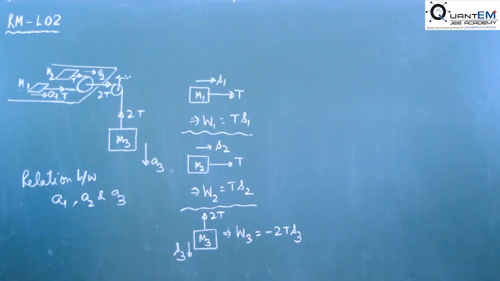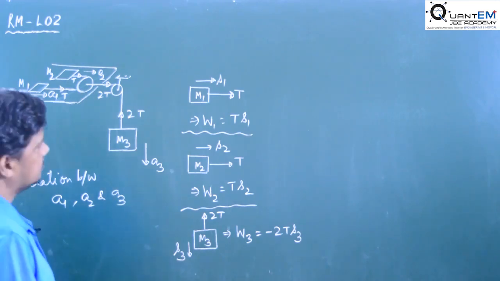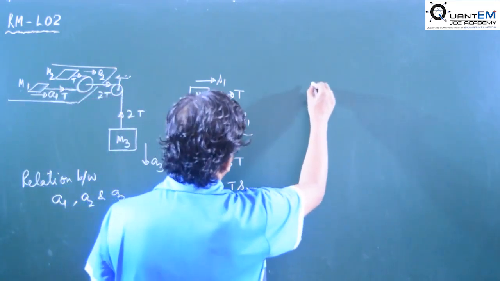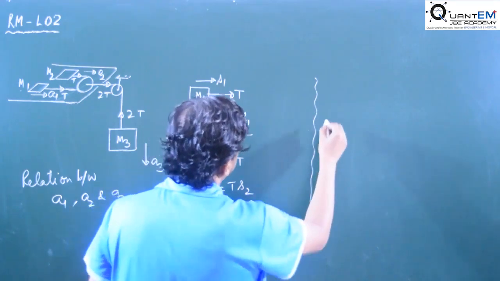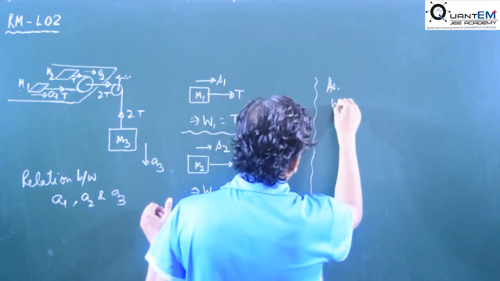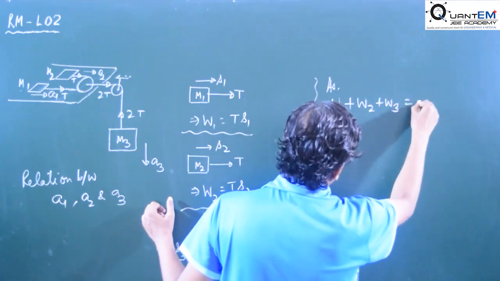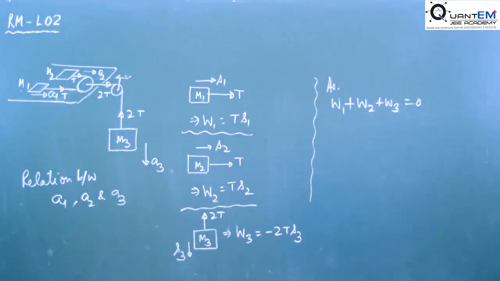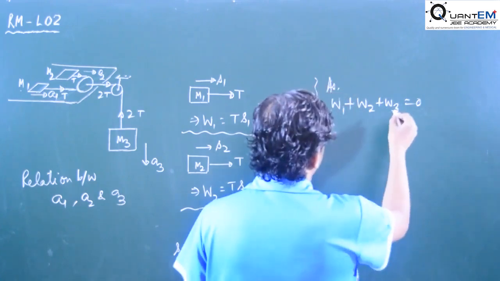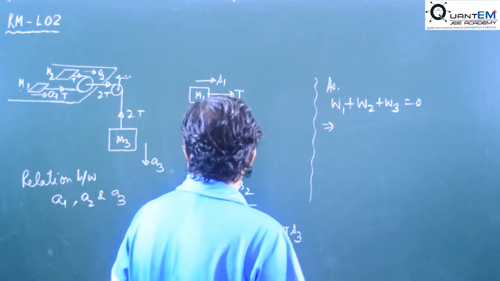Okay. Now see, net virtual work will be 0. So as W1 plus W2 plus W3 is equal to 0, it implies that T S1 plus T S2 minus 2T S3 is equal to 0.